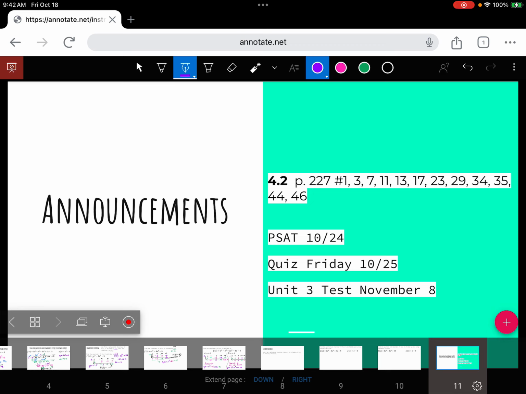On 4.1, let me look at 15 real quick, because I don't remember. That's where you're going to factor out that fraction and then use your sum or difference of cubes. We did it yesterday. Hang on, let me pull it up real quick.